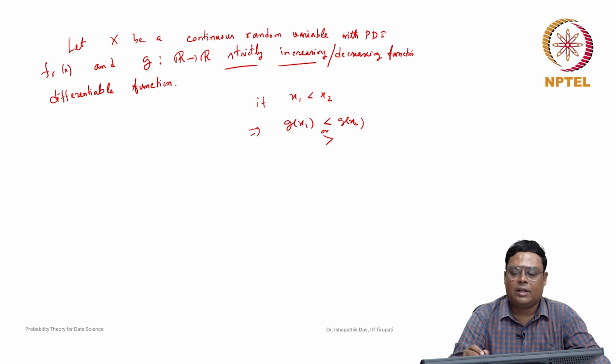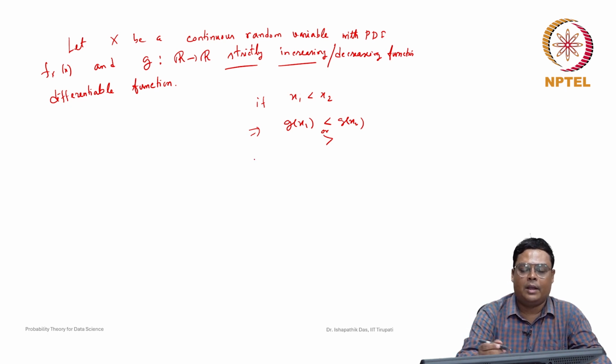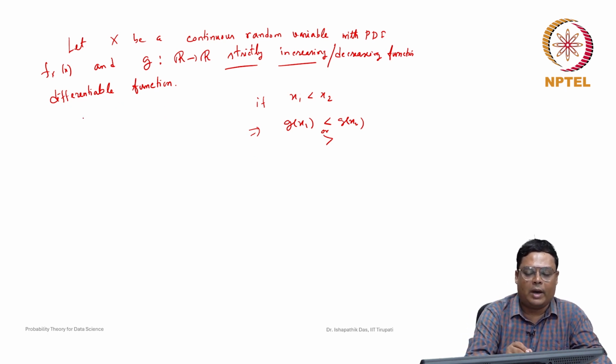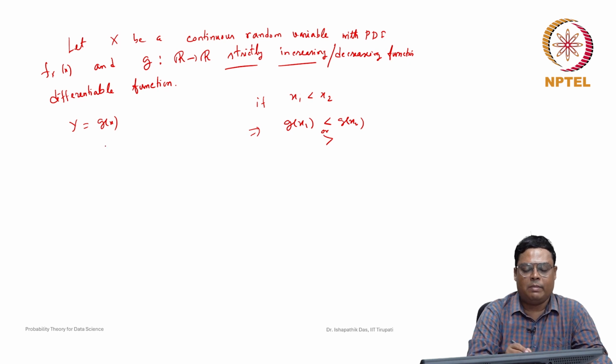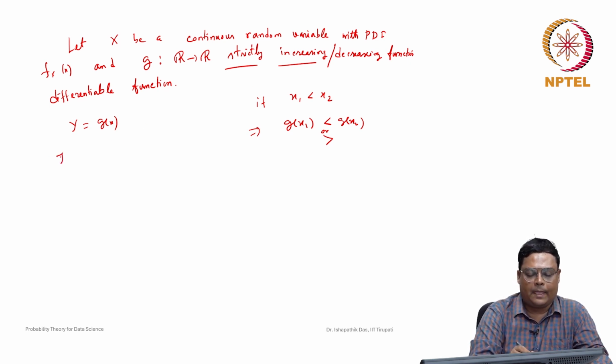So in that case, suppose y is equal to g(x), then the inverse exists. With this condition the inverse will exist, and the inverse of g is denoted as h.